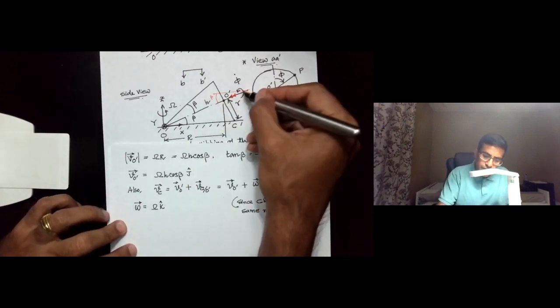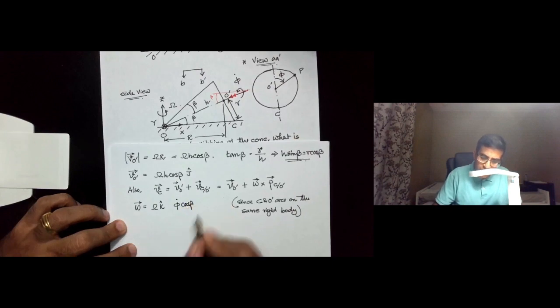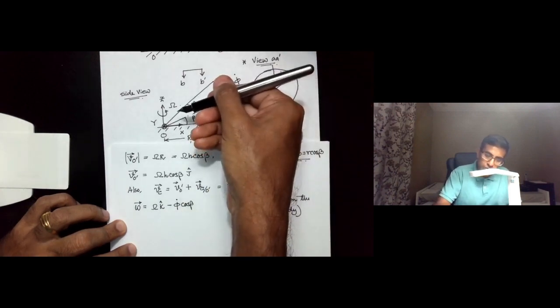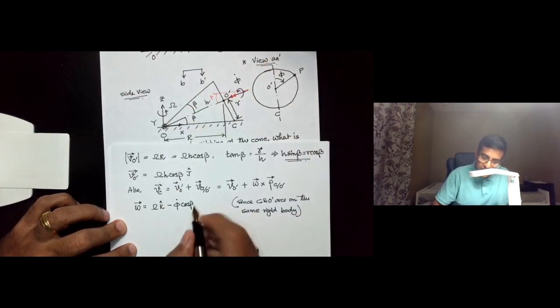So you can see that phi dot is going to be resolved by taking the cosine of the angle beta to give you the component in the x direction, and it's going to be the negative x direction because it's pointing this way, so its component along x is negative, so minus phi dot cosine beta I.